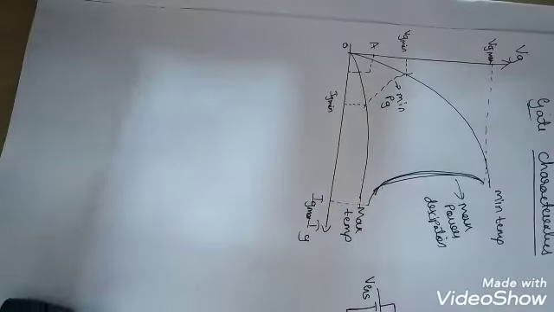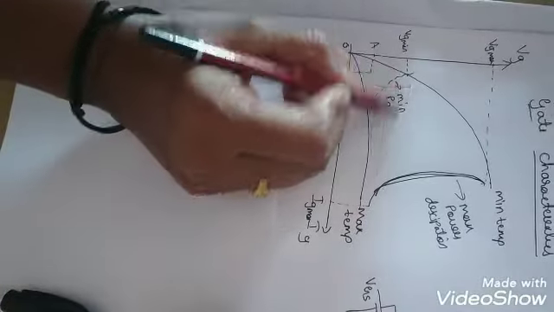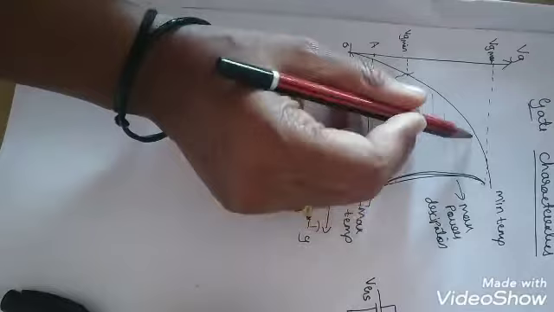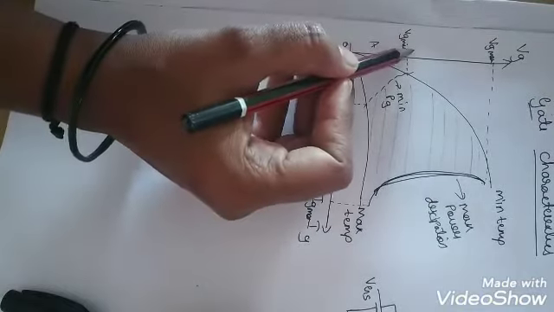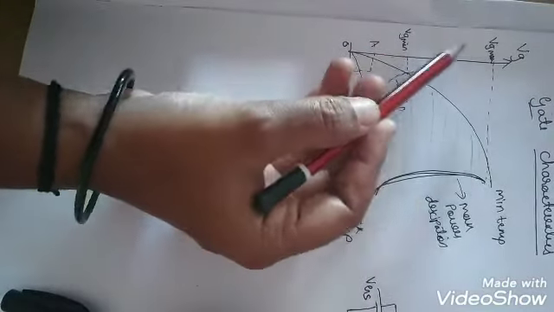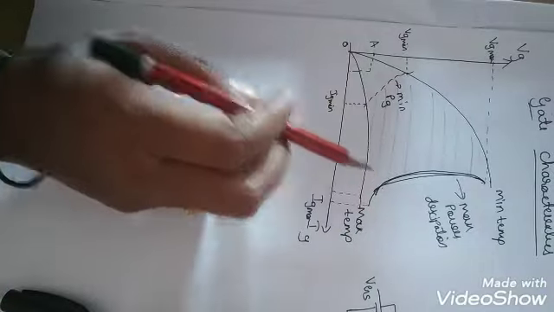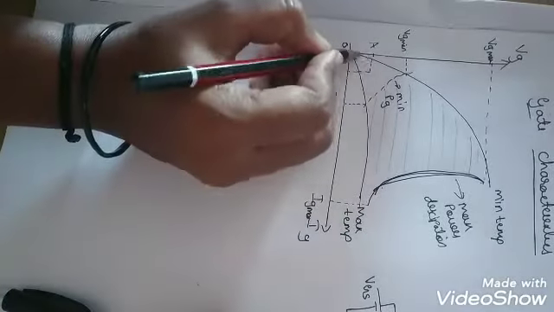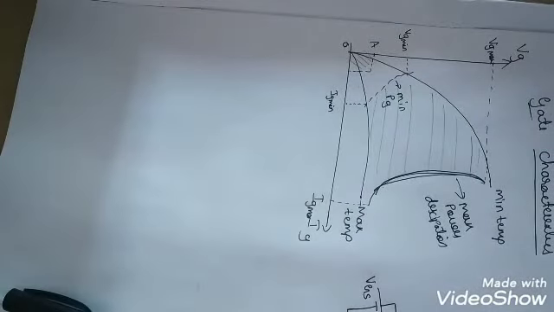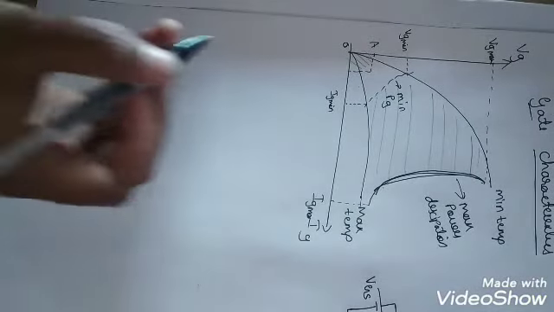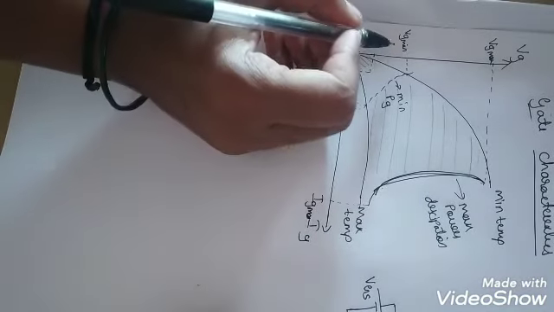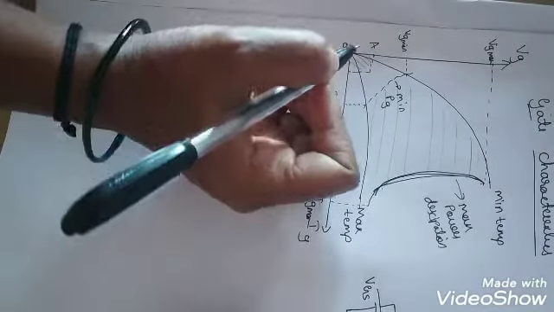So we call this the safe operating region of SCR. If we provide a voltage above this VG minimum and below this VG maximum, then it is going to operate safely. If we apply this much voltage and this much current, it won't turn on, because that is below this IG minimum as well as VG minimum.